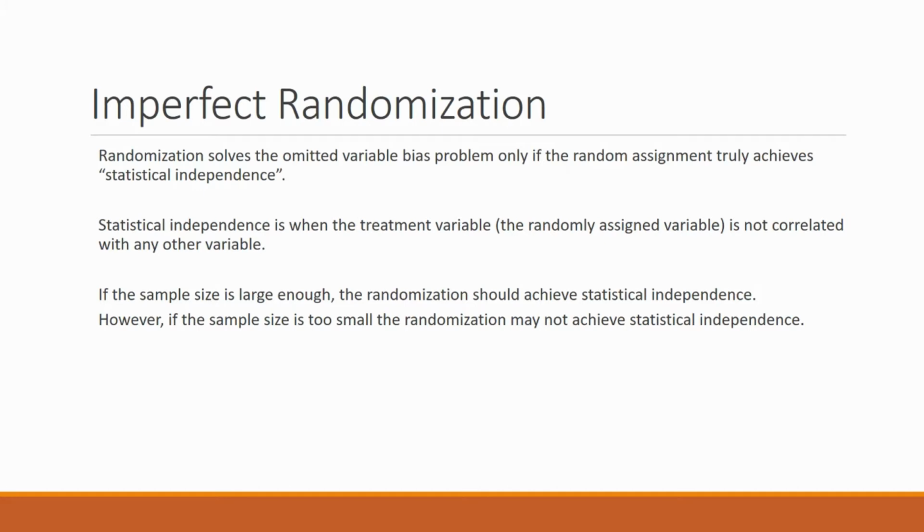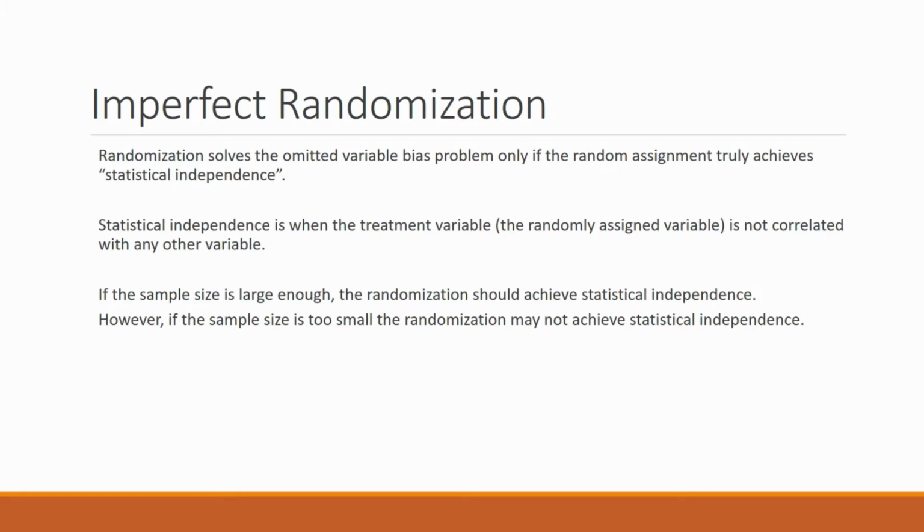So randomization solves the omitted variable bias problem only if the random assignment truly achieves what we call statistical independence. Okay. Statistical independence is when the treatment variable, so the randomly assigned variable, is not correlated with any other variable. We could put it differently.